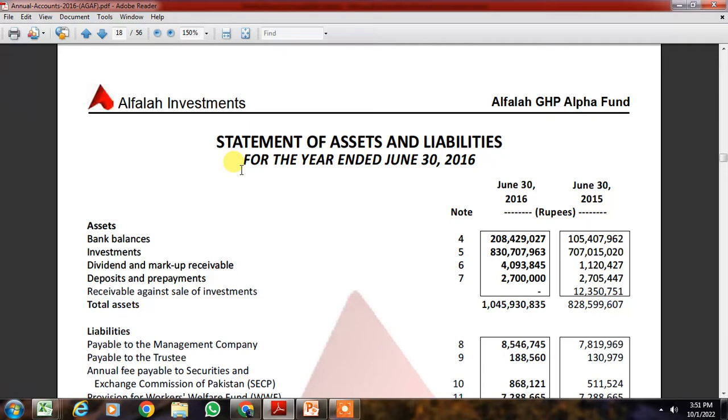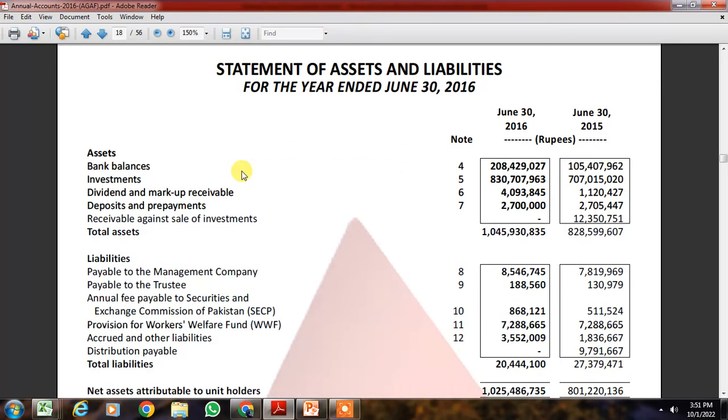Okay, my dear, the balance sheet or any financial statement of the mutual fund is different from the non-financial sector. Like you can see, in a non-financial sector, the asset side is always equal to liabilities plus owner equity, while in a mutual fund we have a different format.